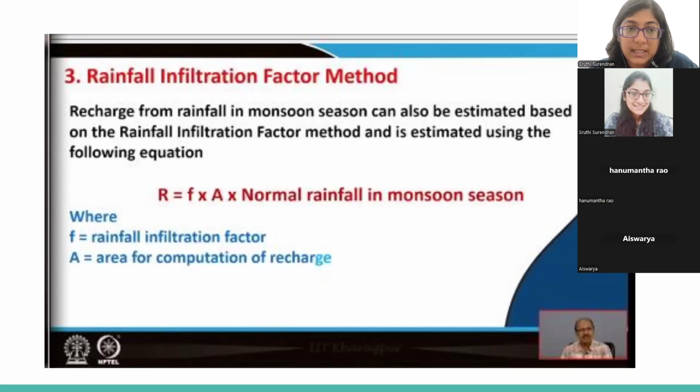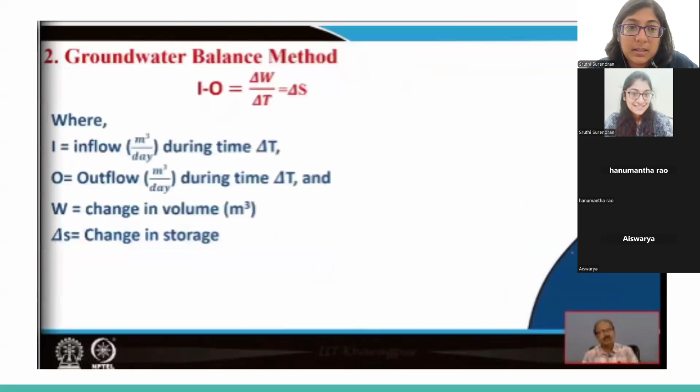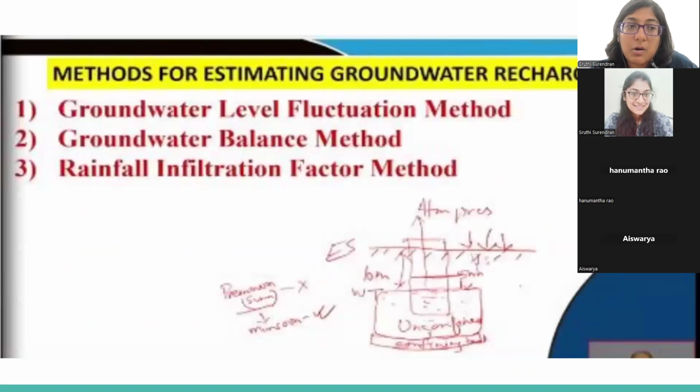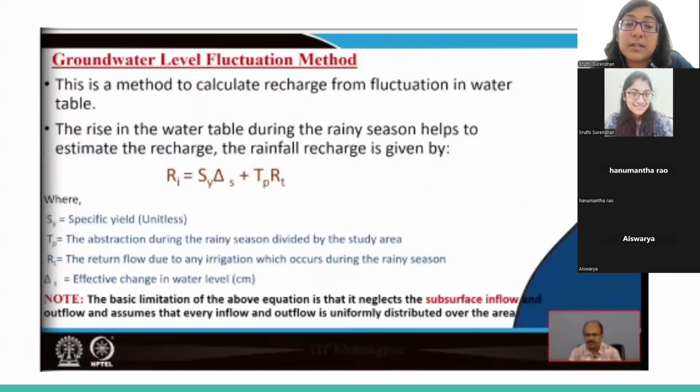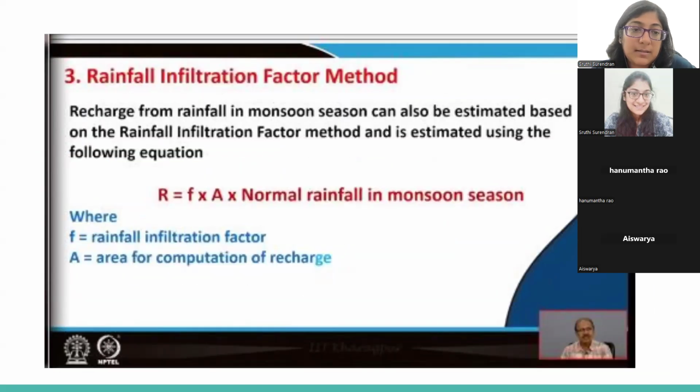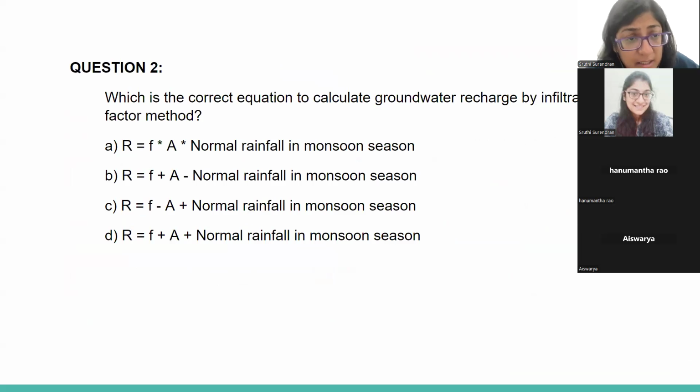So these are the three methods that are used for estimating groundwater recharge that are being discussed in this lecture series. So here the question is, which is the correct equation to calculate groundwater recharge by the rainfall infiltration factor method? Which formula out of these is the right formula?